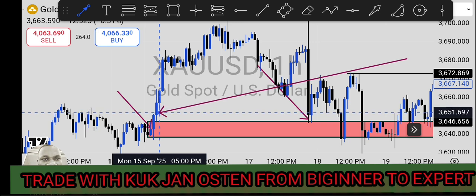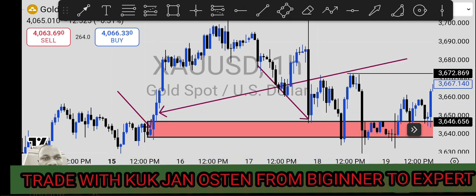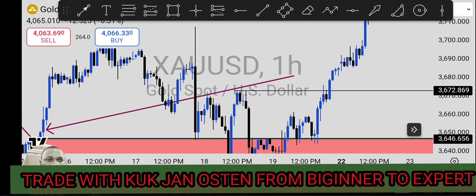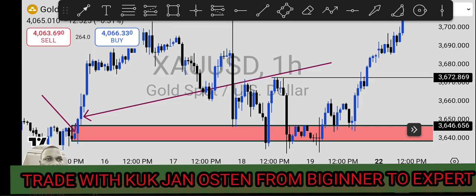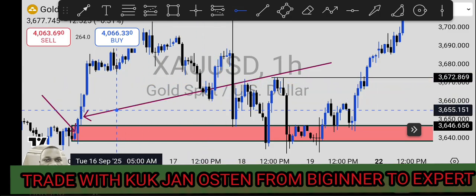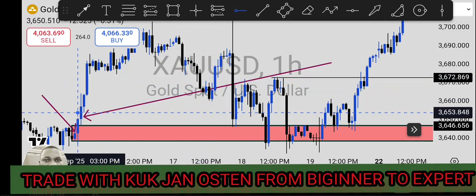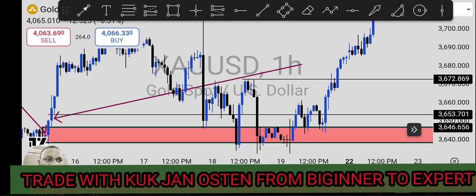When the fair value gap was left, we were expecting that at some point prices will come back to fill this gap, then we shall continue to the upside. On our left we can see that in this zone here, prices came and filled.